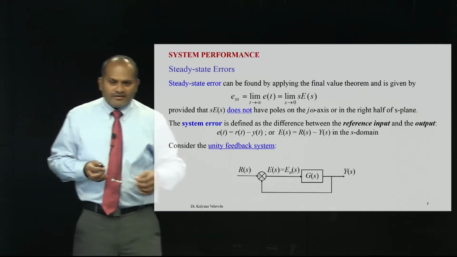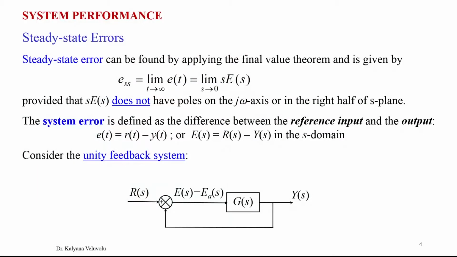Now, steady state errors. The steady state error can be found by applying the final value theorem: ESS is limit t tends to infinity e of t in the time domain, or equal to limit s tends to 0 s into E of s, provided that the system is stable.